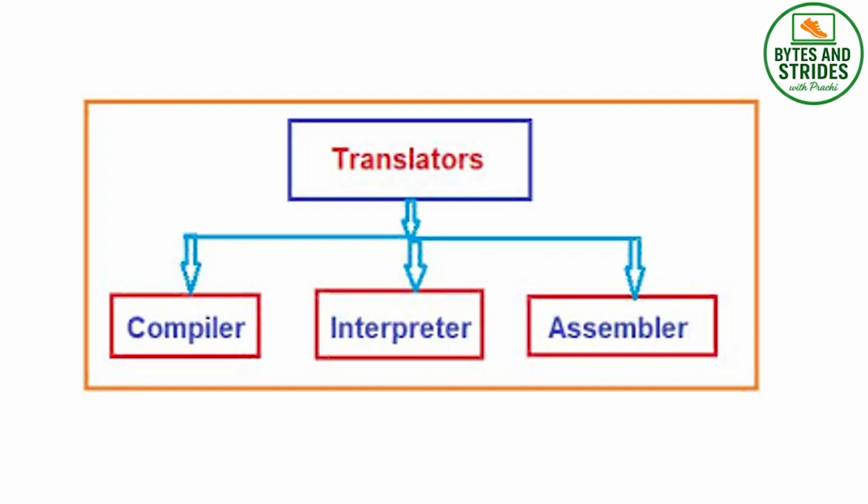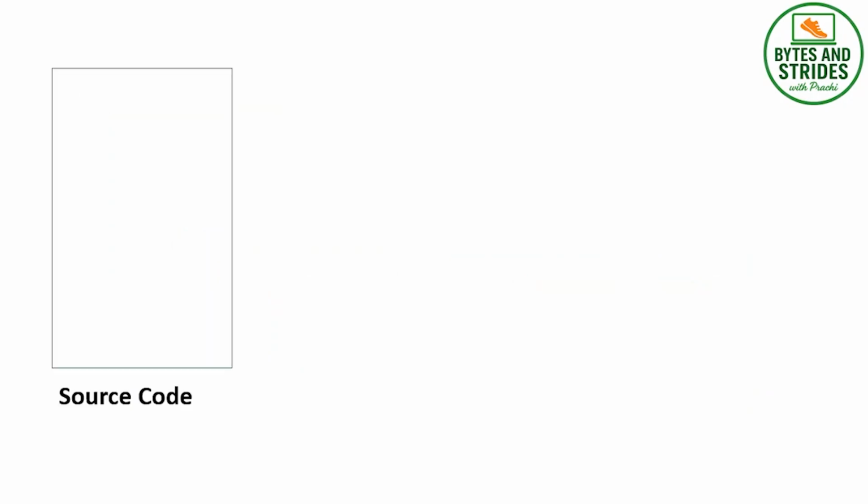You can see there is something called a compiler, interpreter, assembler. So today we'll discuss compilers and interpreters. A program written in any language is called the source code.